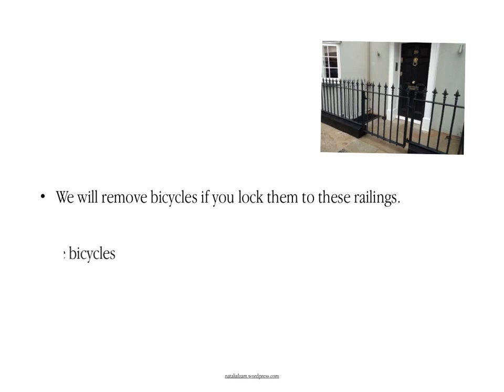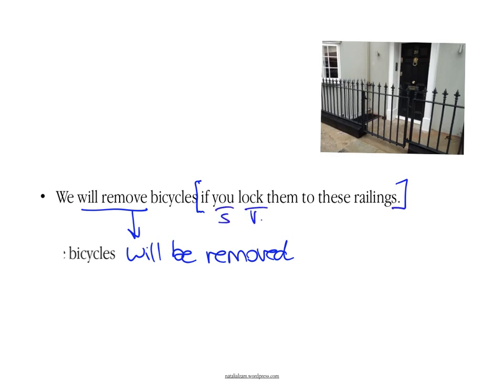So probably you could say things like, bicycles, now this verb in the passive, because it's will and then an infinitive, so we use will, then the infinitive of the verb to be, will be, and then the participle of this verb, removed. And then this sentence here, you can make it into a passive as well, because you have subject, verb, and the object.